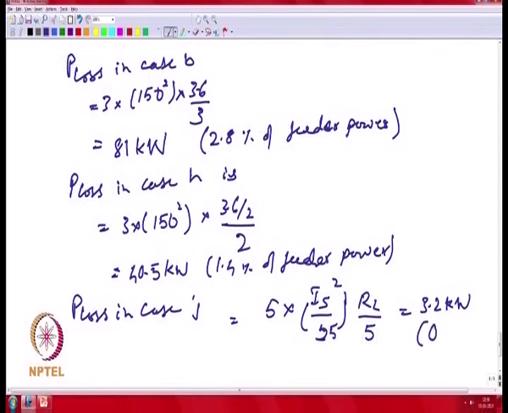So, if you look at it on a percentage basis, this is about 0.1%.